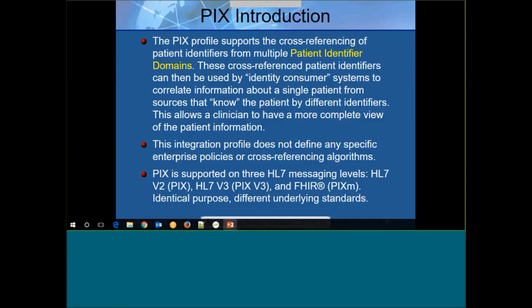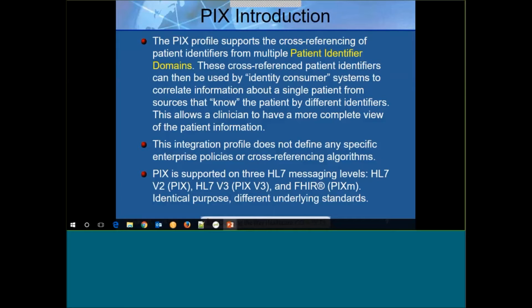This second bullet is pretty important here. It says this integration profile does not define any specific enterprise policies or cross-referencing algorithms; that is outside the scope of the PIX profile. So when you talk about, hey, how do we link these patients together?